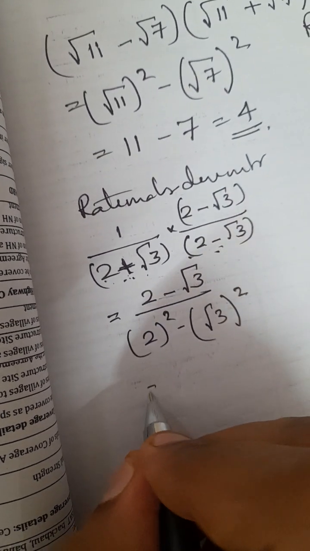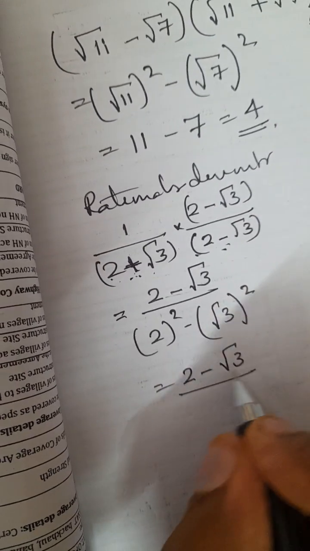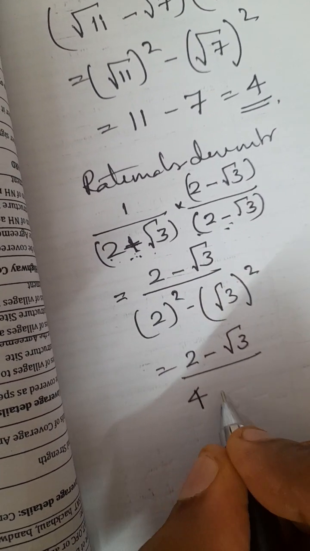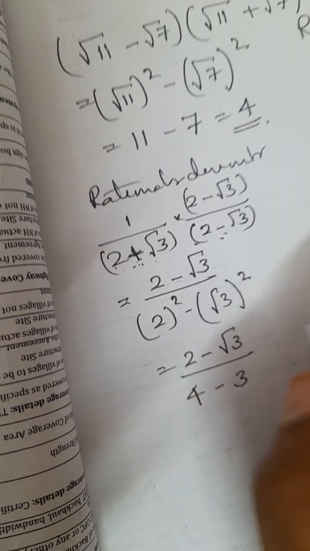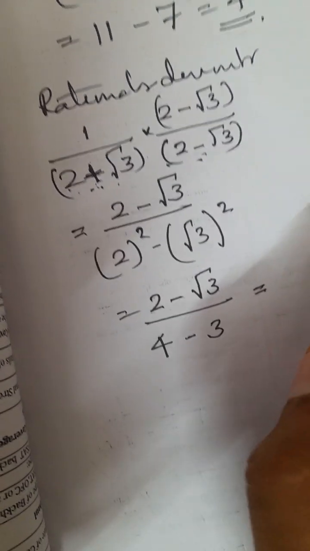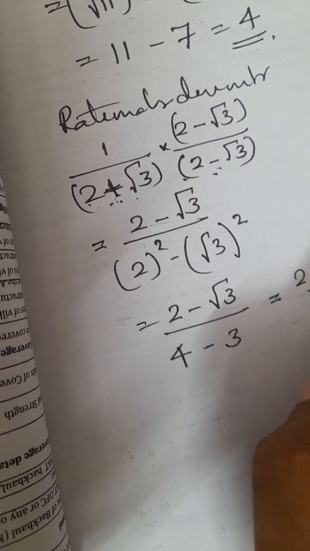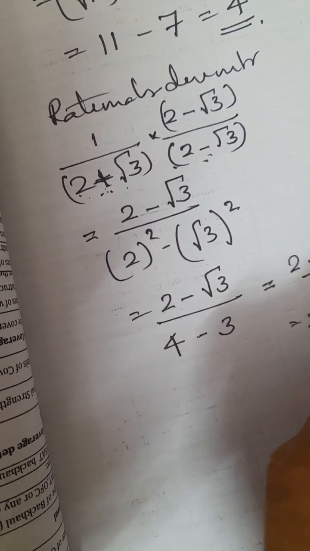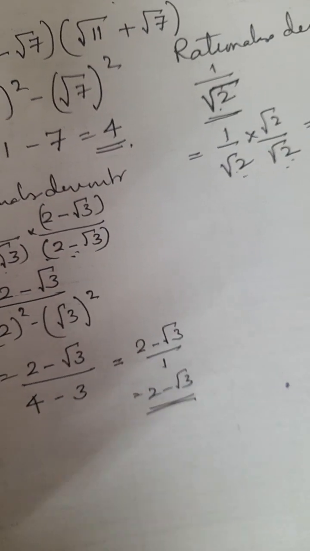So this is equal to 2 minus root 3 divided by 2 square, which is 4, minus root 3 whole square, which is 3. So this is 2 minus root 3 divided by 1. Or else you can say 2 minus root 3 is your answer.